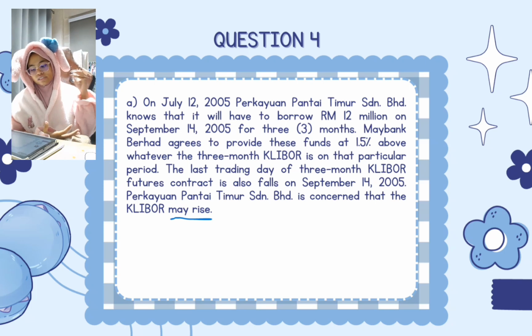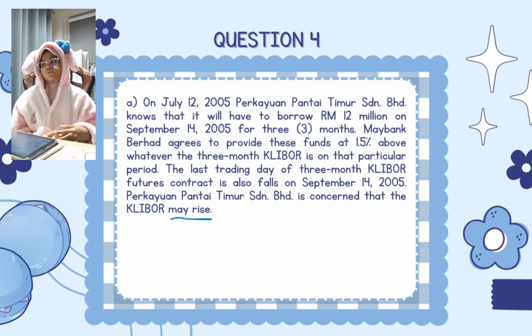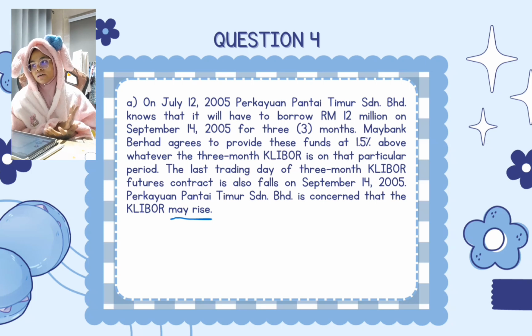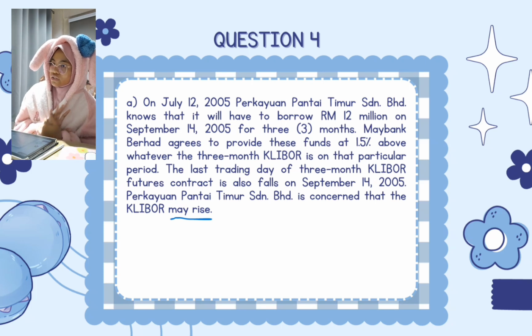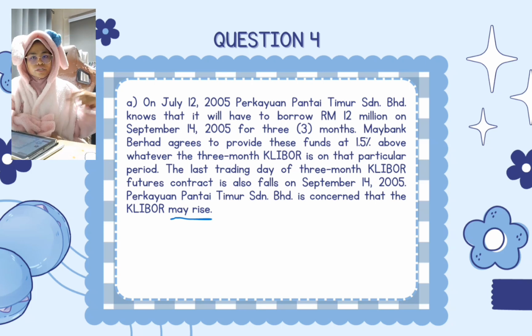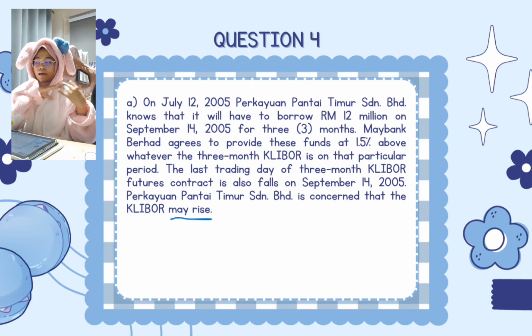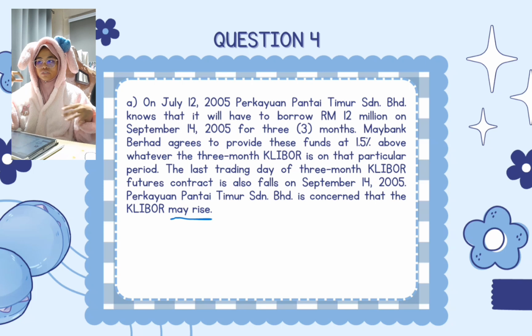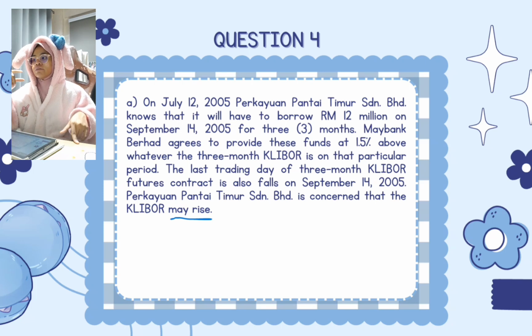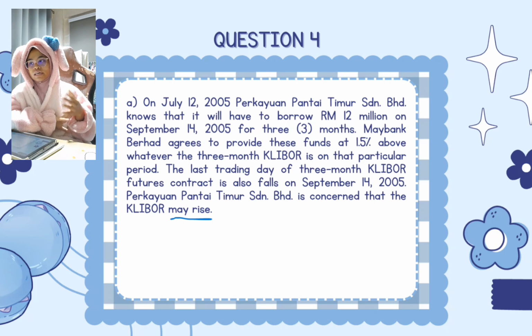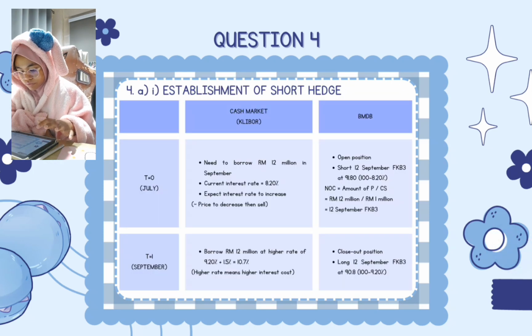To hedge against this risk, the firm can use FKB3 futures by taking a short position. Why short? If the CLIBOR rate rises, the futures price will fall. By shorting the futures contract, the firm profits from the decline in futures prices, which offsets the increased borrowing cost.